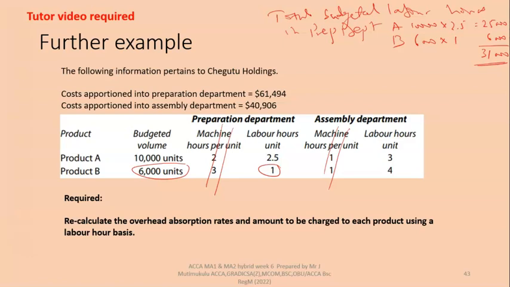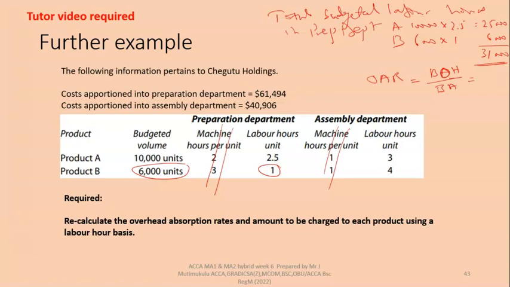So the overhead absorption rate should be budgeted overhead divided by budgeted activity.